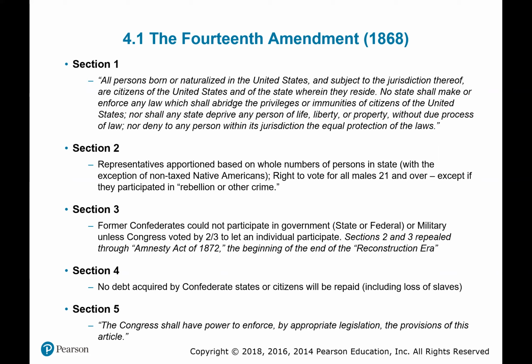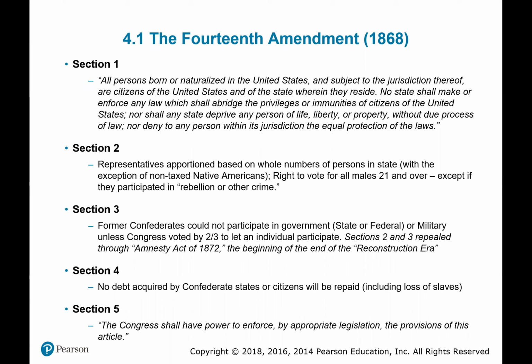So this meant that those who were involved in the Confederacy were not allowed to participate in those southern states, and the phrase "or other crime" gave a wide berth of who could be excluded from voting.